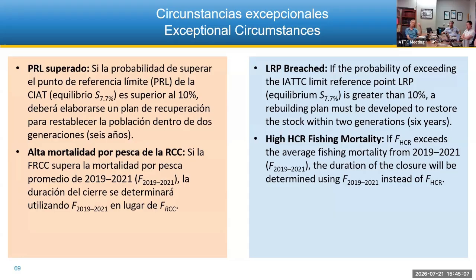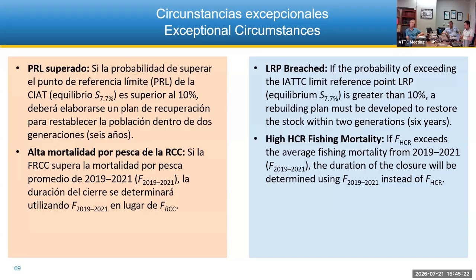There is a possibility that the harvest control rule, even though it's fishing at F30%, might say that fishing mortality level is higher than we've seen in the past.